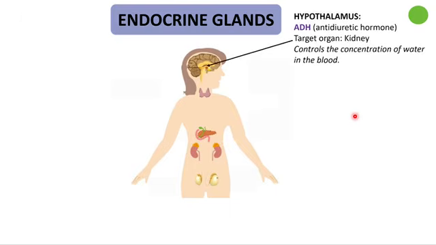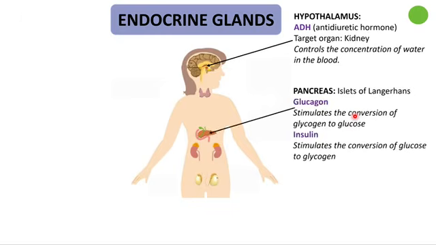Okay, so the main control center of the endocrine system is the hypothalamus. Just below it we have the hypophysis. The hypothalamus regulates the homeostasis of the body, and it produces a hormone ADH, but it is stored in the hypophysis, which is then the master gland of the body.